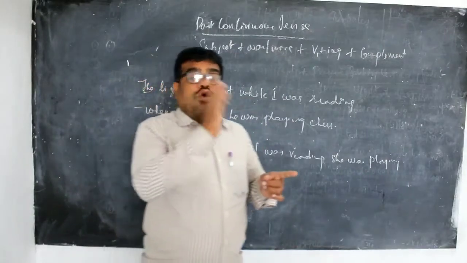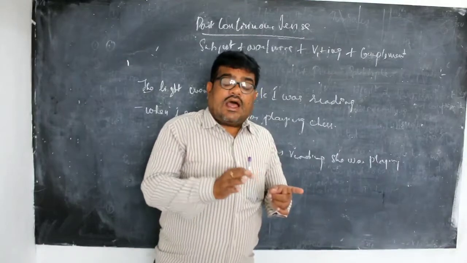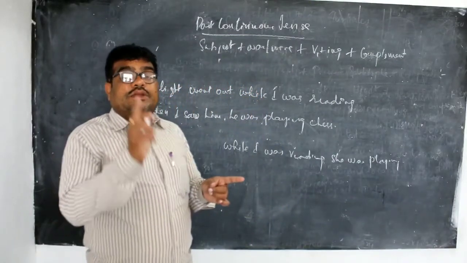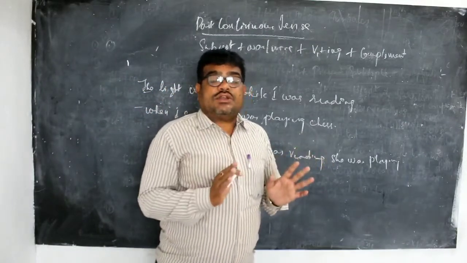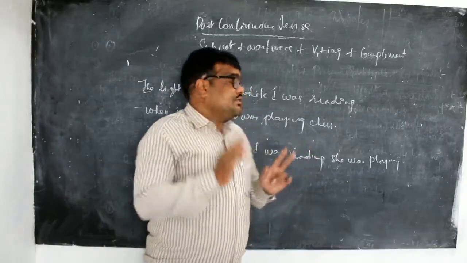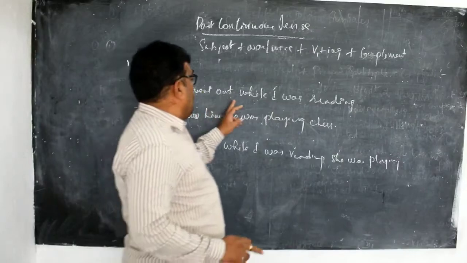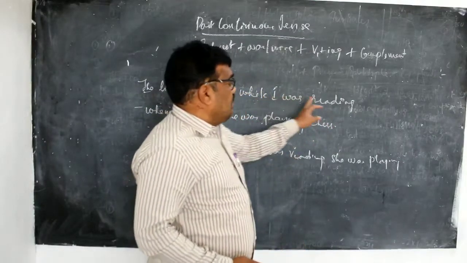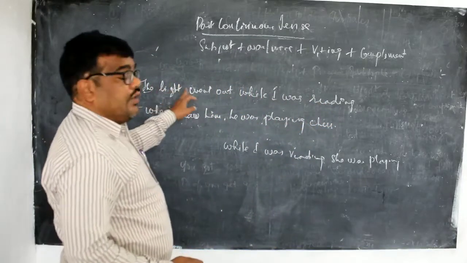An action is going on in the past, and suddenly another action occurs, and that new action must be written in simple past. Here, the light went out while I was reading. The action was already going on. Suddenly what happened? The light went out.